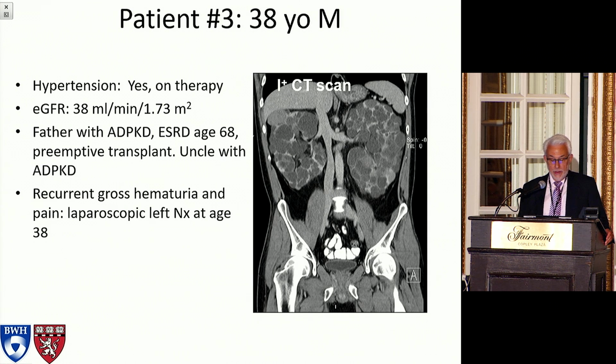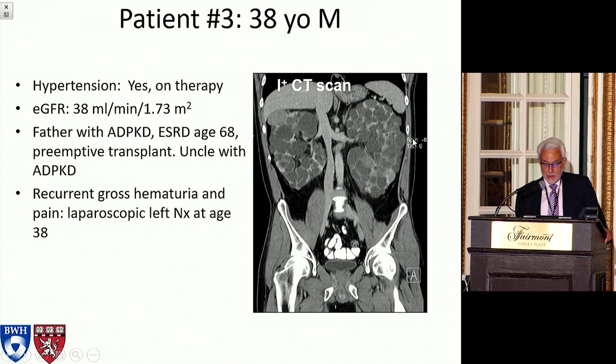Patient number 3, this is a more advanced case of ADPKD. A 38-year-old male, he has hypertension, he's on therapy, his GFR is reduced. His father had ADPKD with end-stage renal disease at 68. He had a preemptive transplant. He also had an uncle with ADPKD. And he had recurrent gross hematuria and pain and underwent a laparoscopic left nephrectomy at the age of 38.